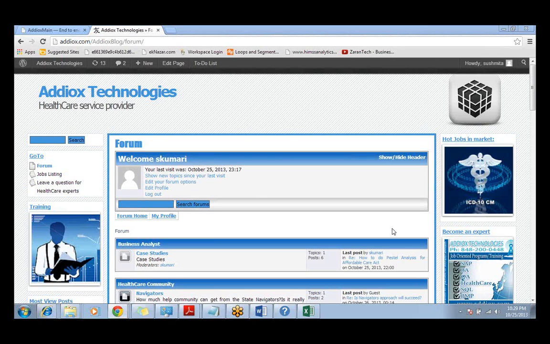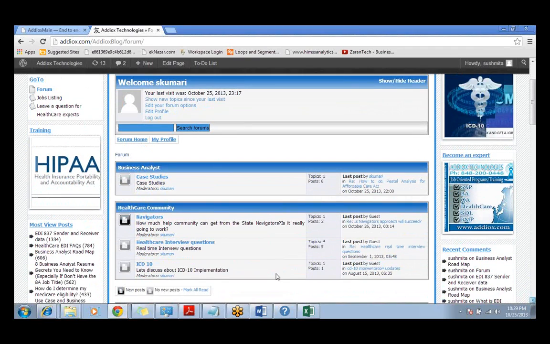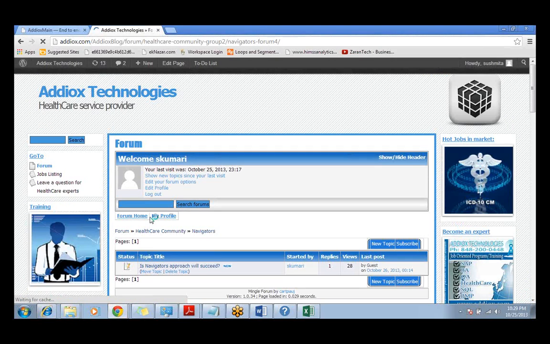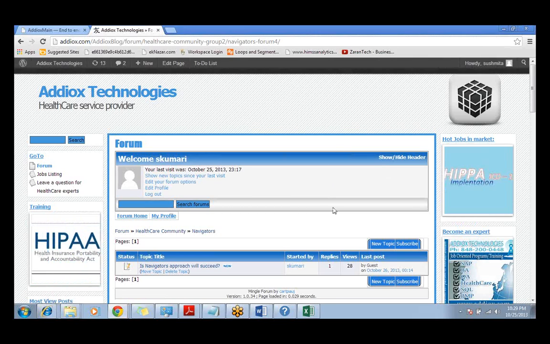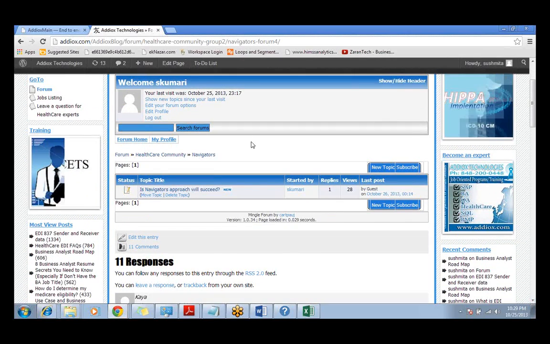You all see this. When you get to the forum, you see here there is something called navigators. I'm already logged in, so that's why you are seeing this information. If you are not signed up, you won't see that.